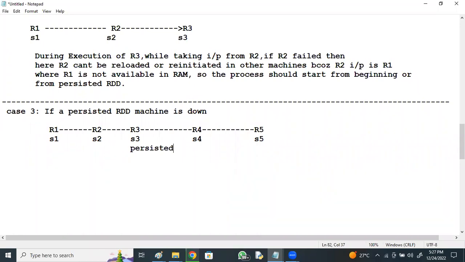Now, which RDDs are available in the RAM? Try to see the flow and say how many RDDs will be in the RAM currently. Only R3 and R5. Assume R5 is available, R3 is also available, right? R3 and R5 only are available.